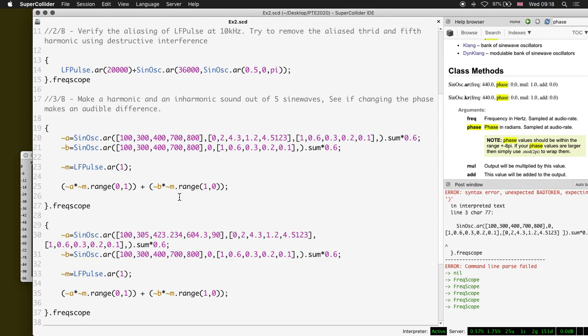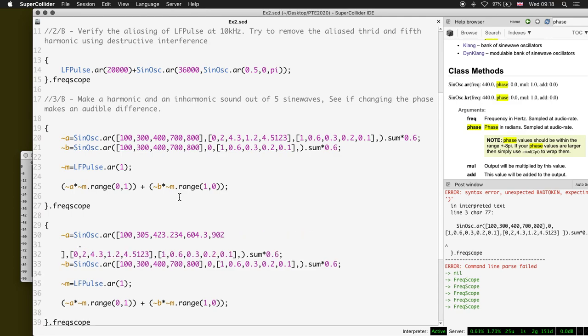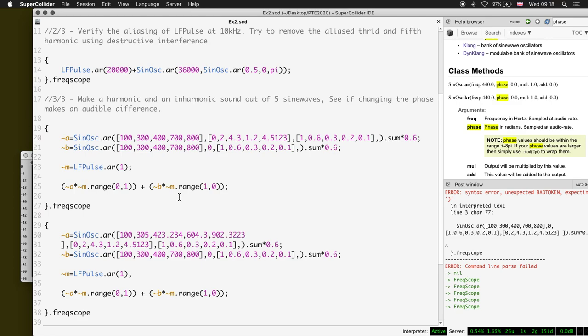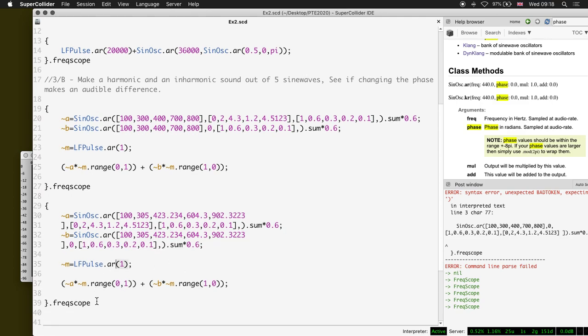Something similar but more inharmonic. Let's hope that does something cool. Okay, so that's the array of frequencies, and then I will reuse that array of frequencies right here, and let's hear and see that one.